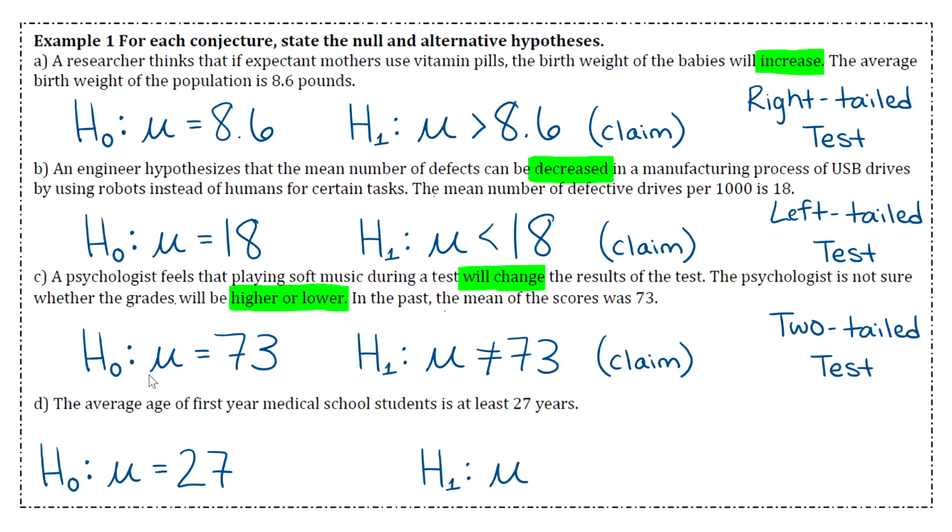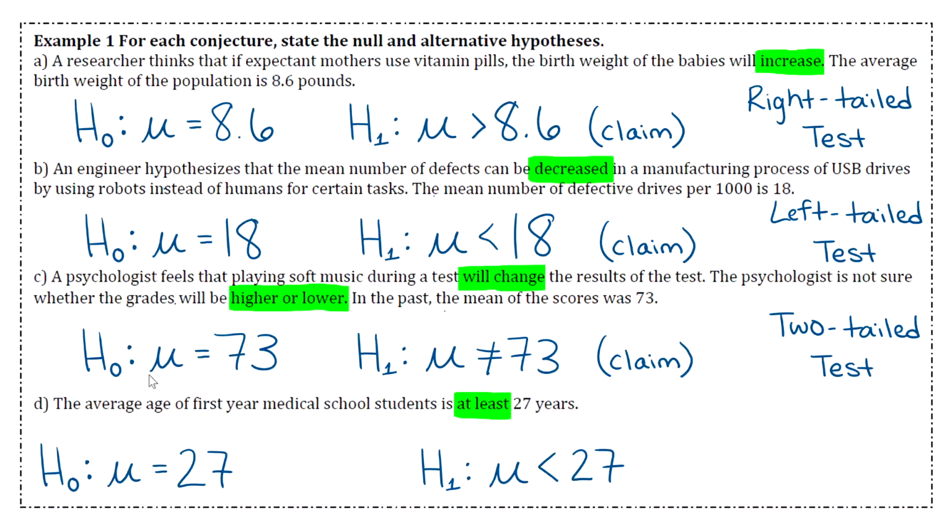So what you have to do in this case is use the opposite sign. Instead of greater than or equal to, I'm going to put a less than sign, and then I'll put the 27 in my alternative. So at least does mean greater than or equal to, but I'm not allowed to use a greater than or equal to sign, so I'm going to use the opposite, which is a less than sign.